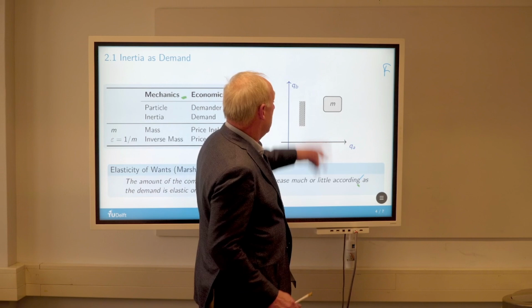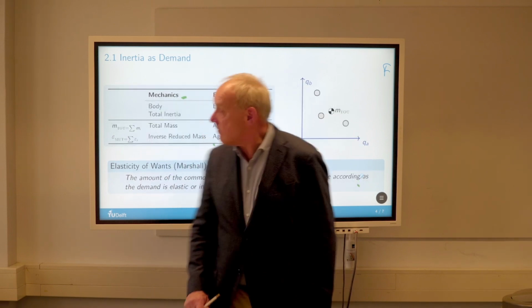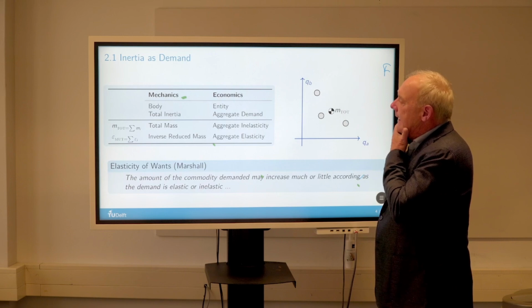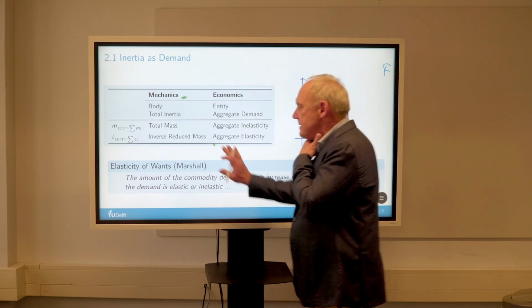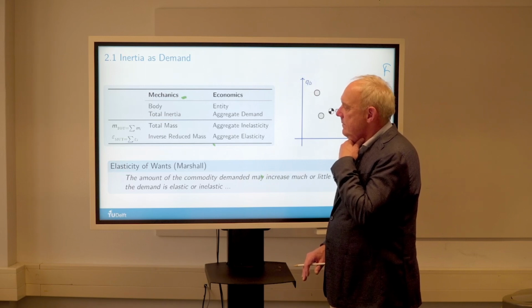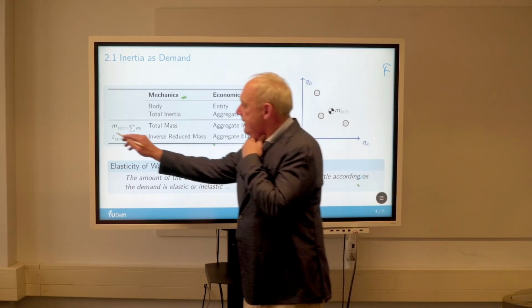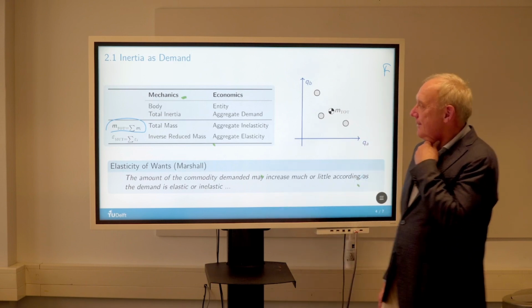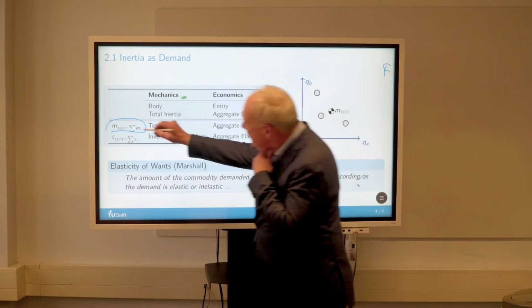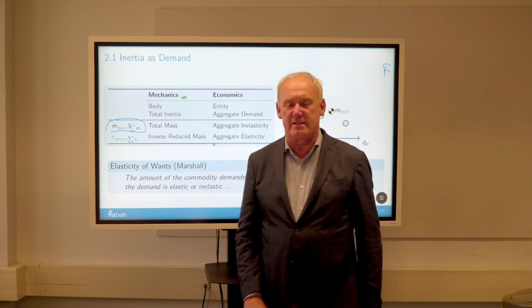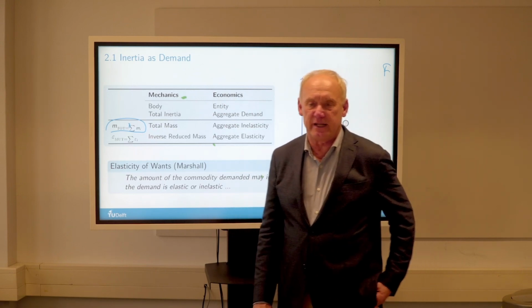Then another thing you can do, and I'm just pointing out how important this is, is that you can ask yourself, what is the business of this point particle? They don't exist.